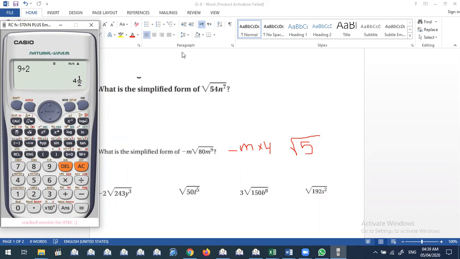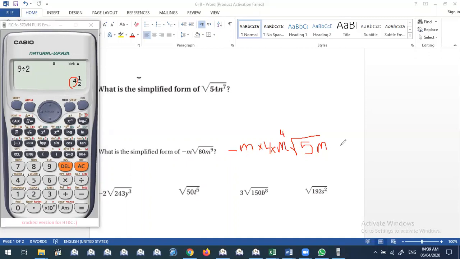So I'm going to write m outside and the m inside. The m which is outside the square root will be to the power of 4, and here the m inside the square root is just power of 1.